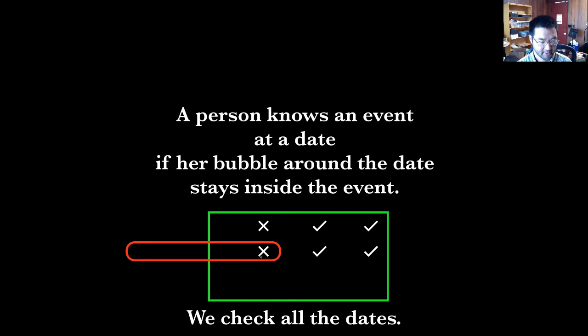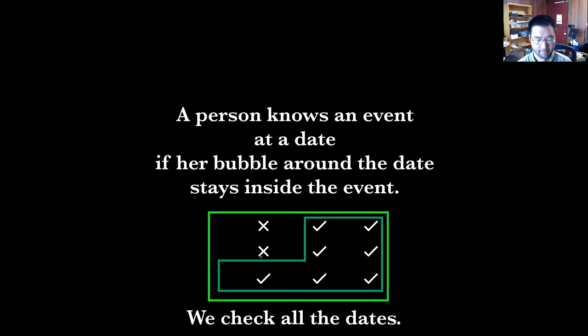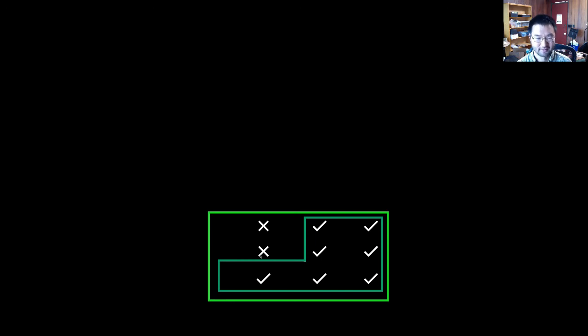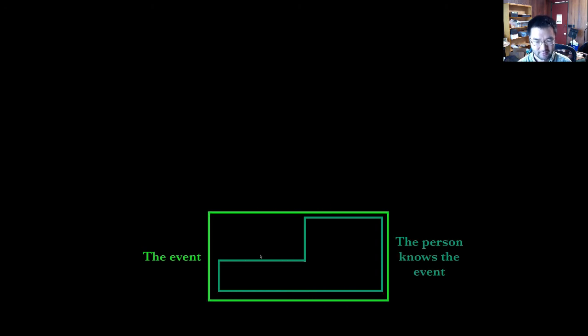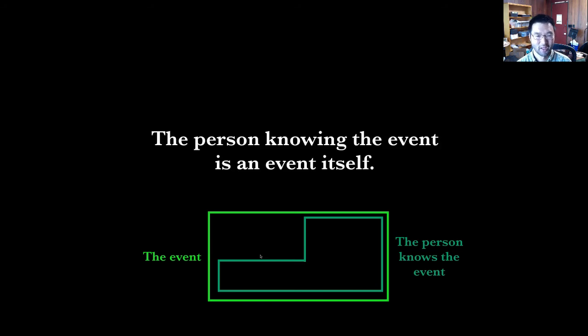Say the bubble goes outside here, it's also an X. But say all the rest of the time the bubble stays inside. It's at those dates that the person knows the event. This is the event that the person knows the event. Again, a person knowing the event is an event in itself.